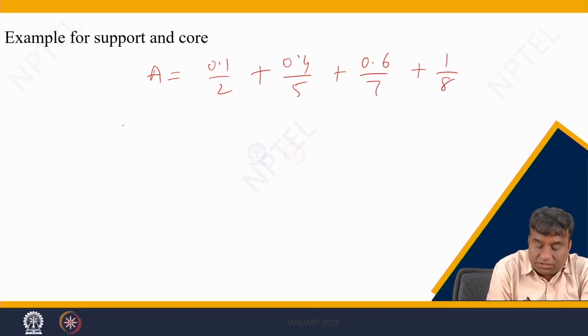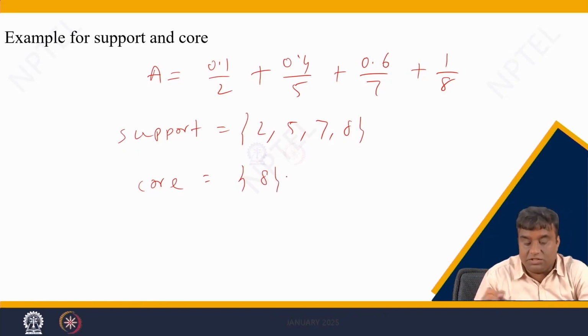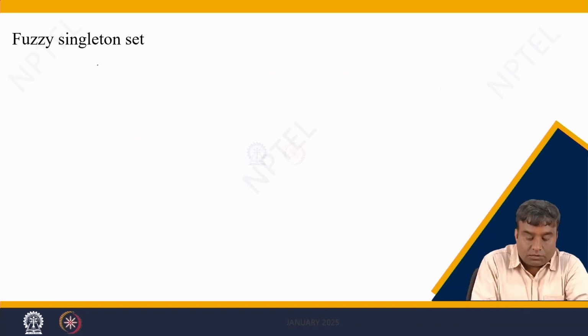The support is where mu x is greater than 0, so the support will be the numbers 2, 5, 7, 8. The core is only 8. I hope you have understood the support and core.